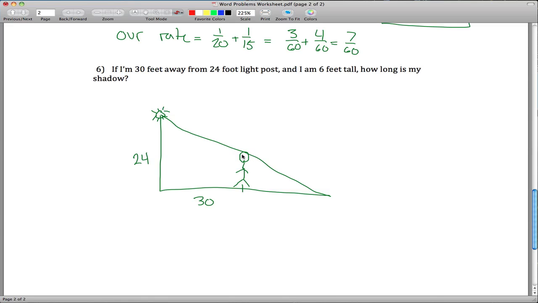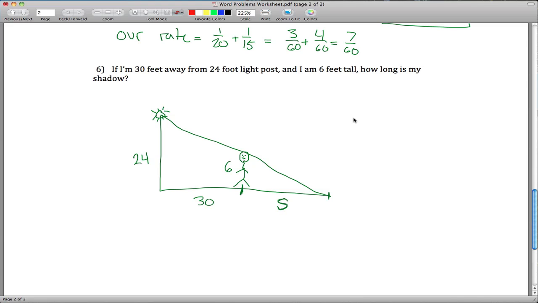Good enough. There we go. And I am 6 feet tall, so this right here is 6. So then the question is, how long is my shadow? So my shadow is going to be from me over to here. We can call that S. Looks a little bit like a 5, but I promise you it's an S.